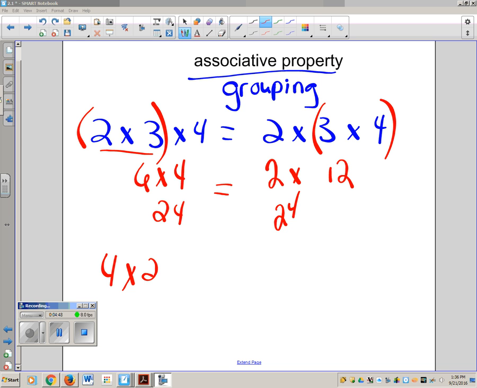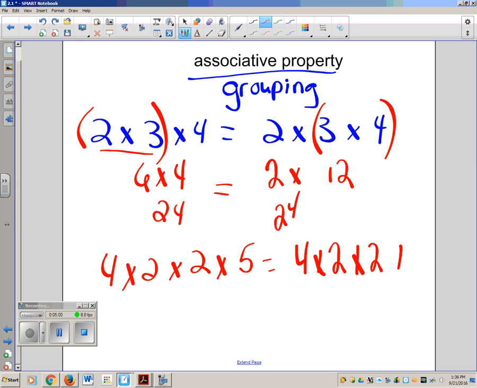With 4 numbers, do 4 times 2 times 2 times 5. Rewrite it. 4 times 2 times 2 times 5. The order stays the same. I'm going to make the group in the middle. So I'm going to put my parentheses around the 2's on the left-hand side.